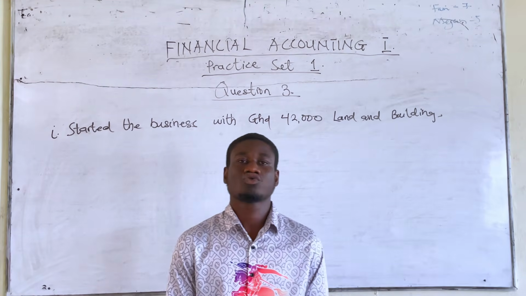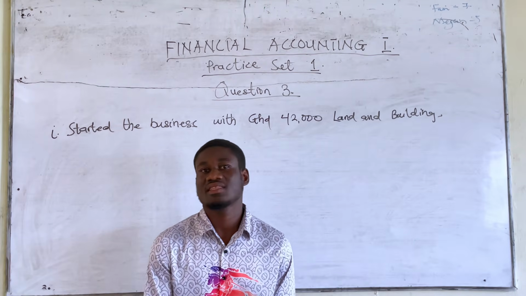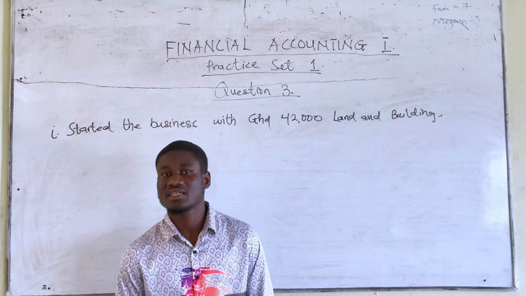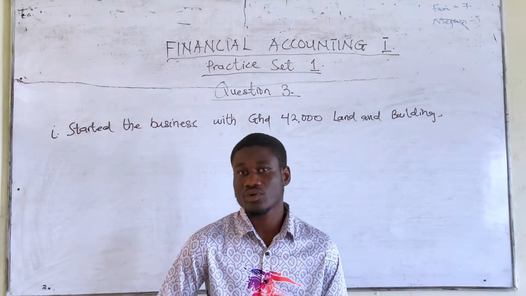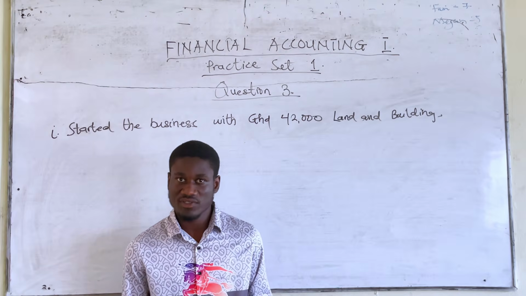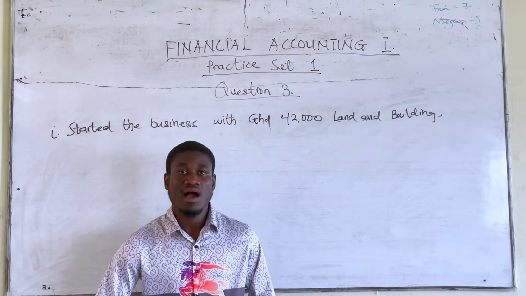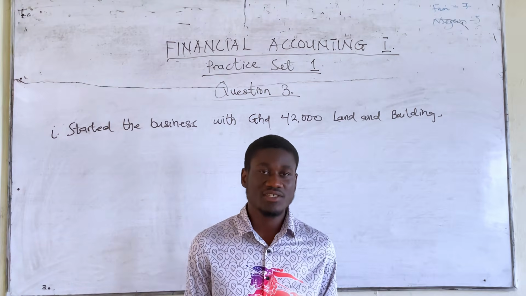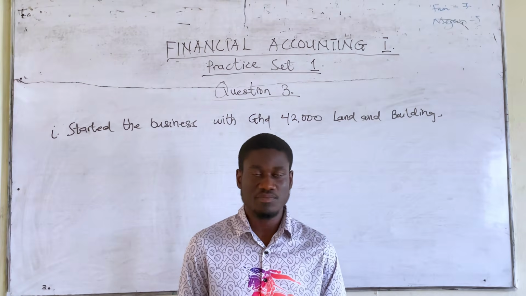So what will make our capital decrease? We know that the thing that will make our capital decrease is drawings. And the thing that will increase our capital is profits. Good. So now it says our capital has decreased by 7,000, and our stock has also decreased by 7,000.